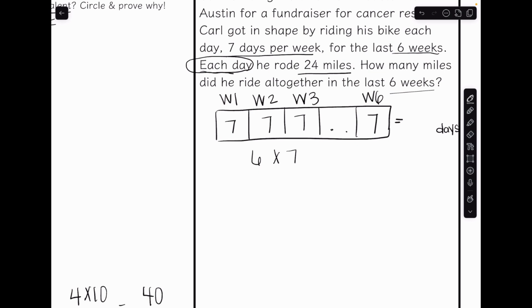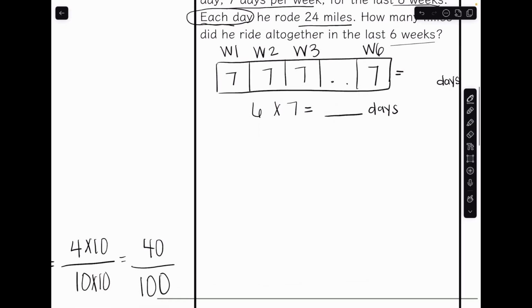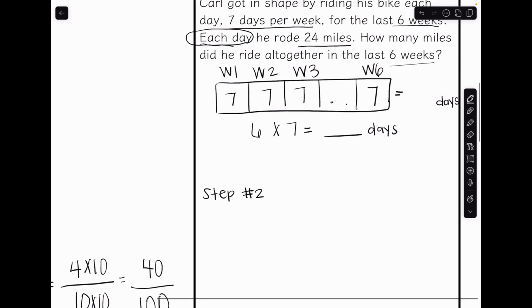Okay, Miss Henderson's going to leave you a little bit hanging because I want you to do some math all by yourself, all right? So this is going to tell us days. After we figure out our amounts of days, we then have to do step 2. And step number 2 is how many miles did he ride all together in that last 6 weeks?